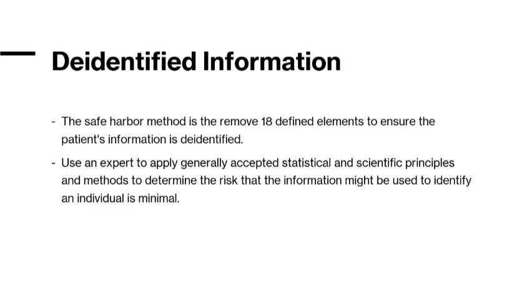The other method is to use an expert to apply generally accepted statistical and scientific principles and methods to determine that the risk that the information might be used to identify an individual is minimal. So these are the two ways to make sure that information is properly de-identified in reference to HIPAA.